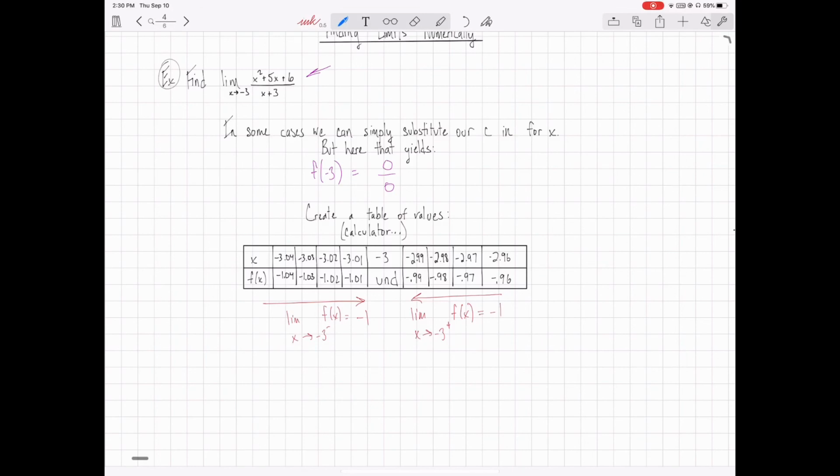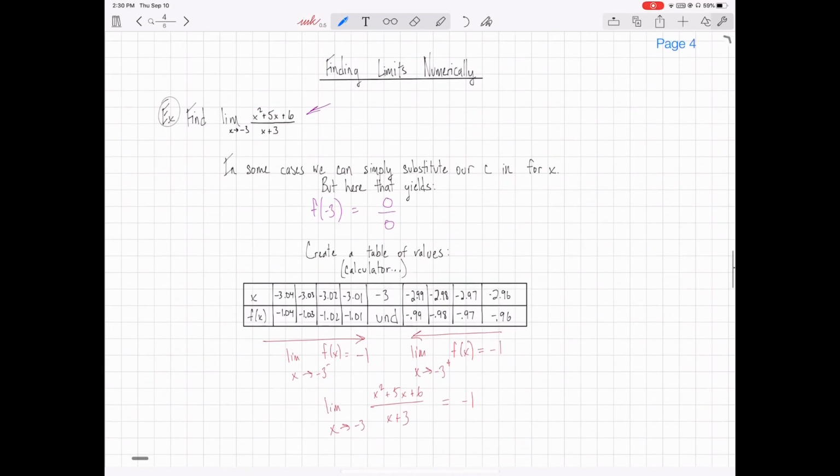And since those are equal, we say that the limit exists. So the limit as x goes to -3 of this function is -1.